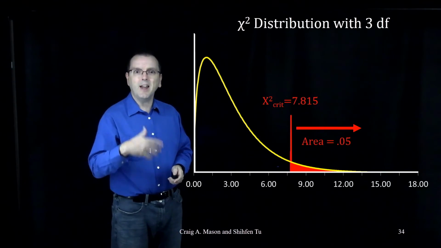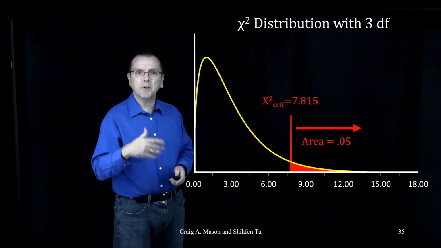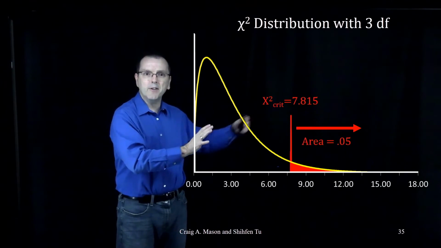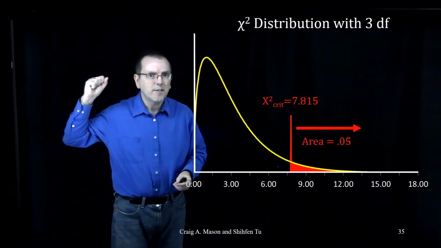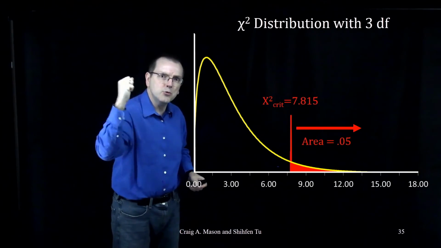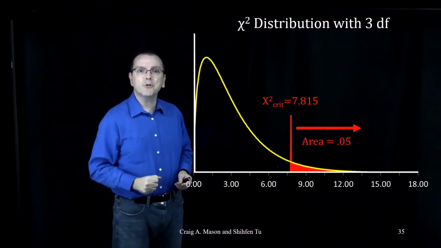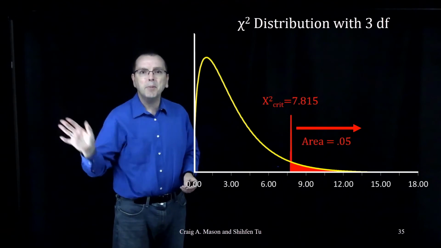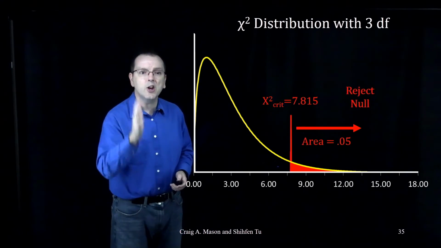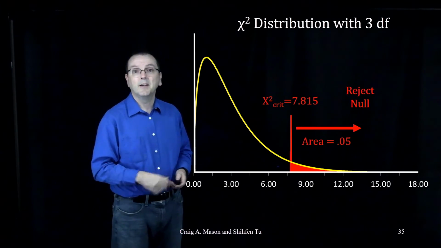It's our line in the sand, remember. If our chi-square is greater than 7.815, we feel the results are just too rare if the null is true. So we conclude the null probably isn't true and we reject the null hypothesis.